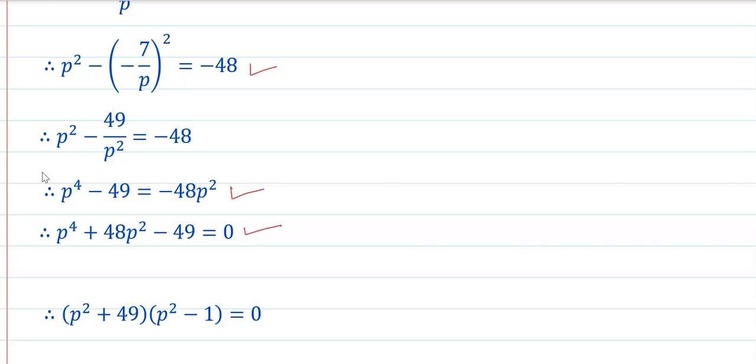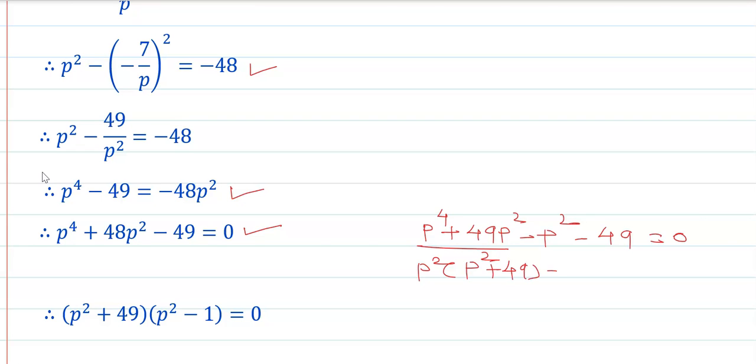Now the factors: p raised to 4 plus 49 p square minus p square minus 49 is equals to 0. Common from here is p square, and from here minus 1, giving p square (p square plus 49) minus 1 (p square plus 49) equals 0.